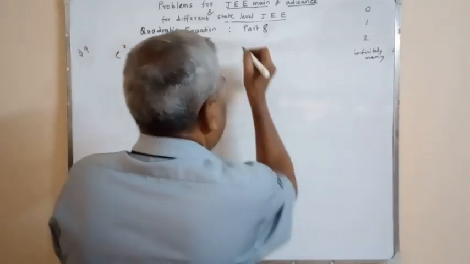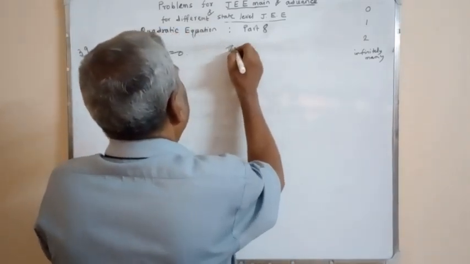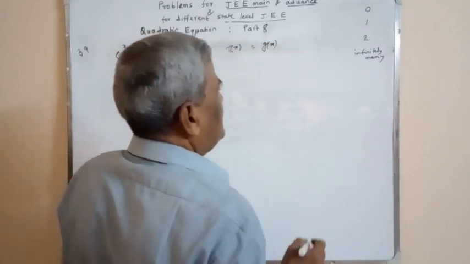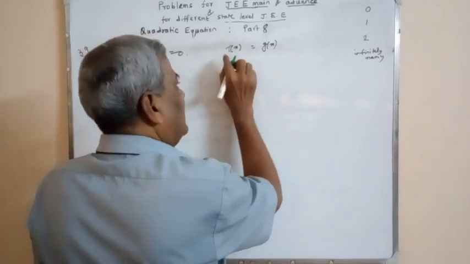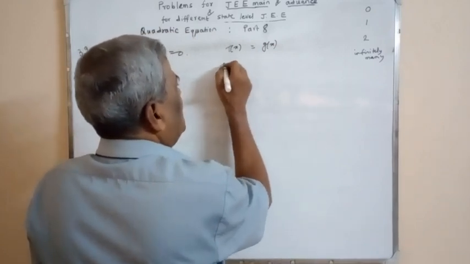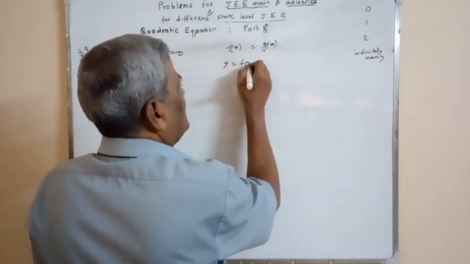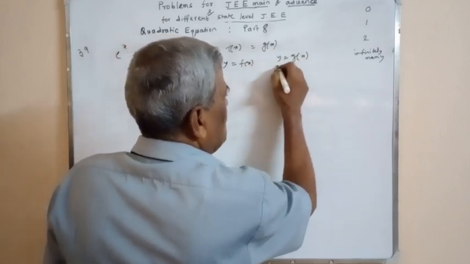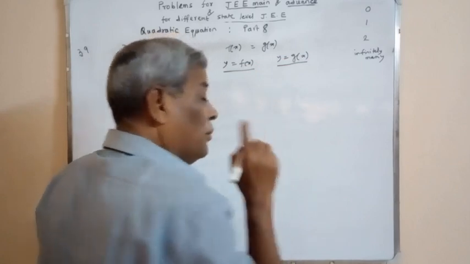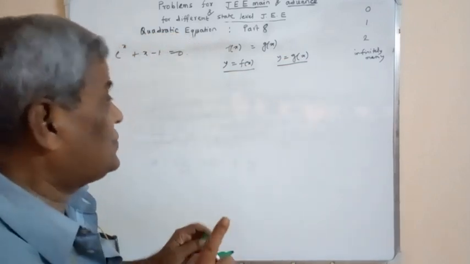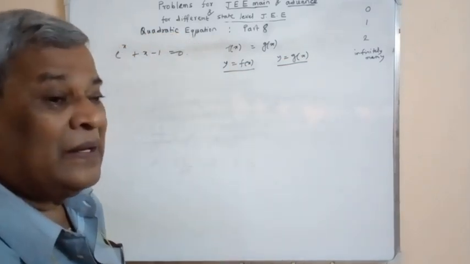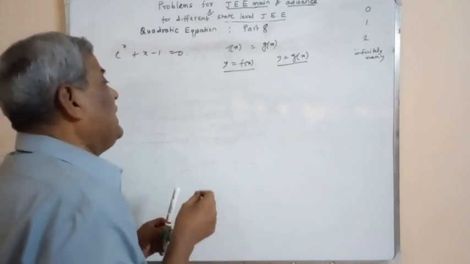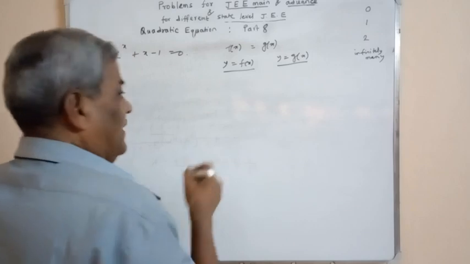We know that if an equation is of the type f(x) equals g(x), then the number of roots is the number of points where y equals f(x) and y equals g(x) meet.